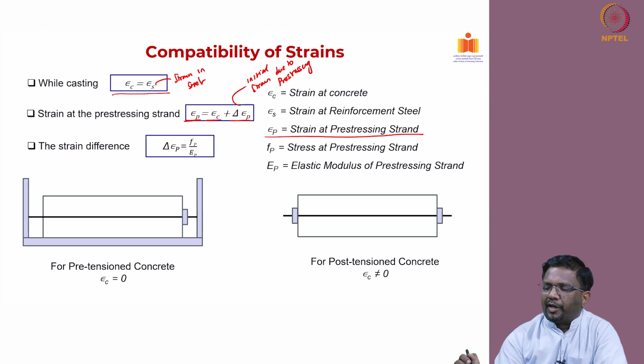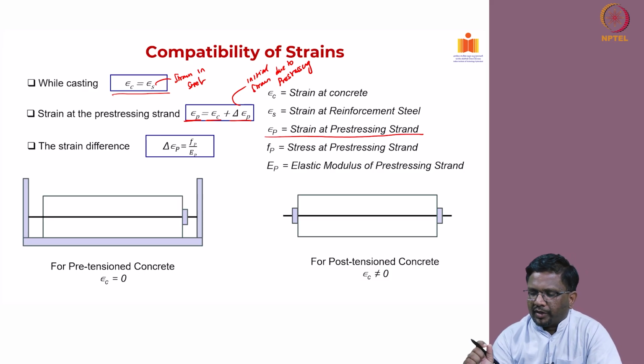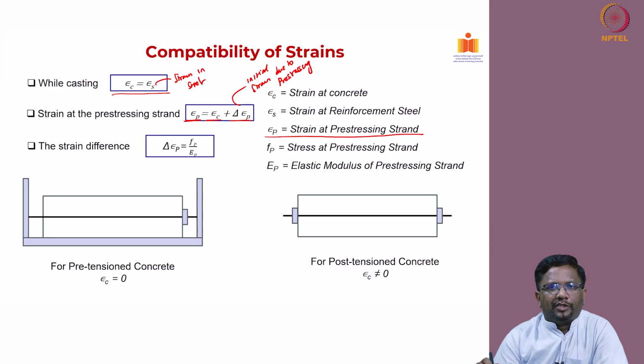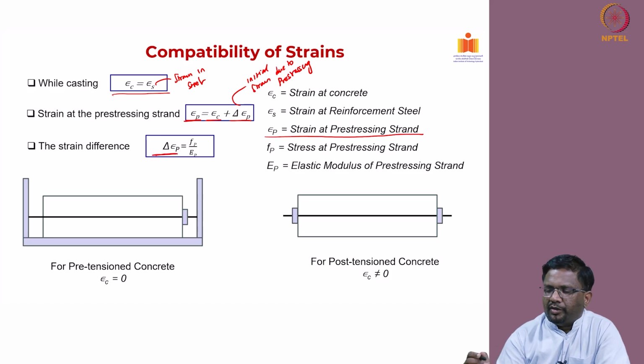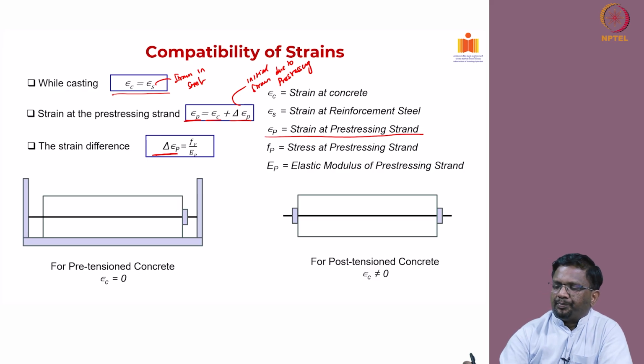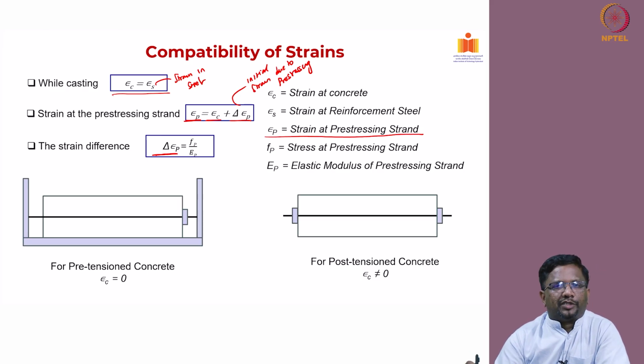So, this delta epsilon p will always be there. How do we calculate this initial prestressing strain delta epsilon p? This is a differential strain. It is basically the initial prestress that we have divided by Ep, which is the modulus of elasticity.